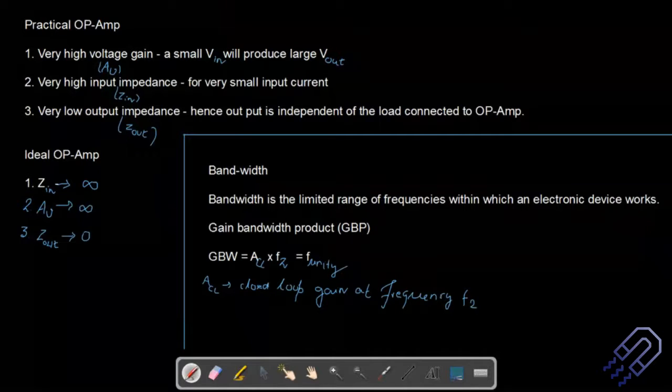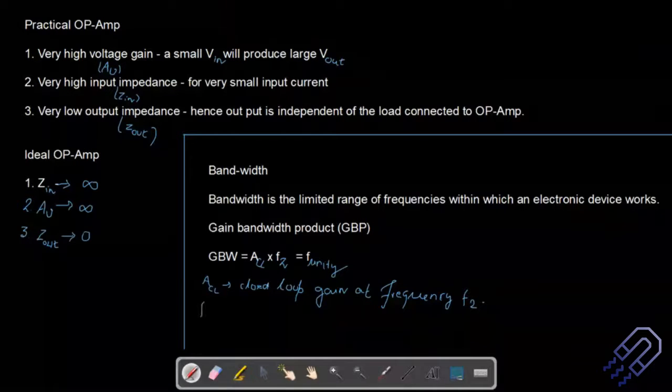Please understand that we are talking about an AC circuit, so the frequency plays a very important role. Whatever the gain of the circuit is will depend on the frequency of the input signal. So at frequency F2, that's the closed loop gain.